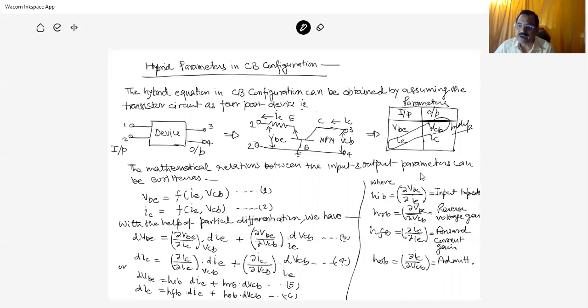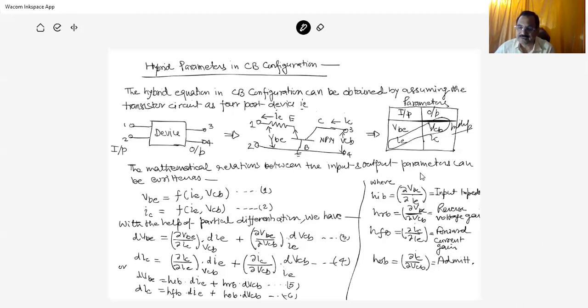With the help of partial differentiation, we have equations 1 and 2 as dVBE is equal to del VBE upon del IE into dIE at constant VCB, plus del VBE upon del VCB into dVCB at constant IE.